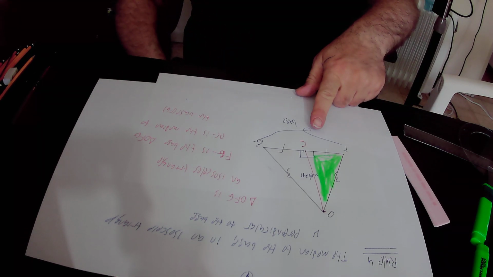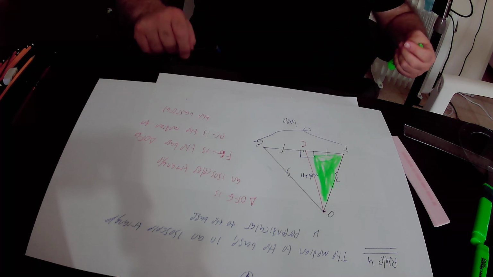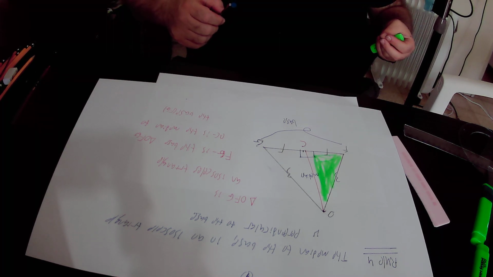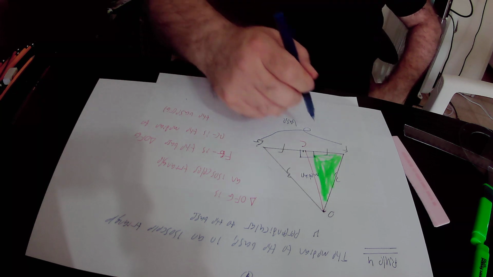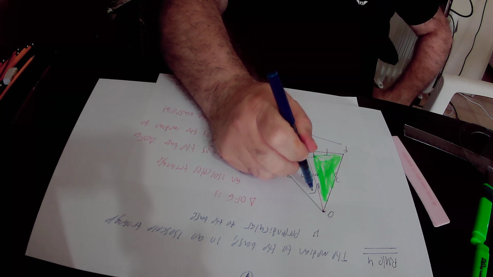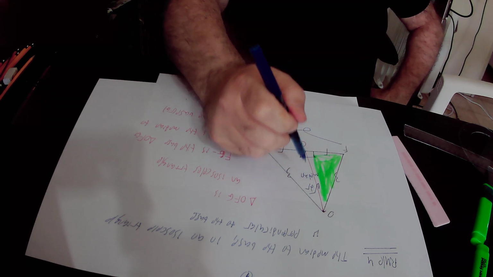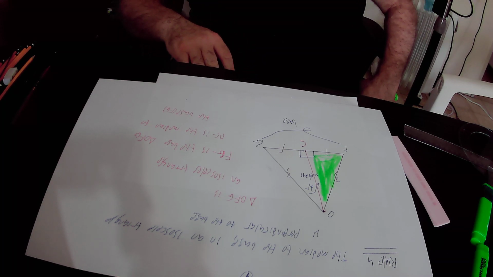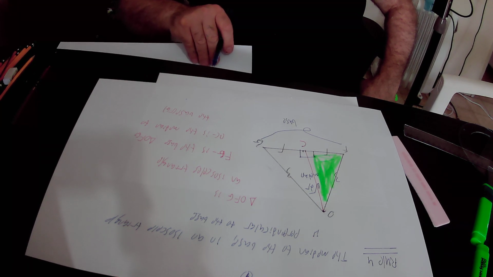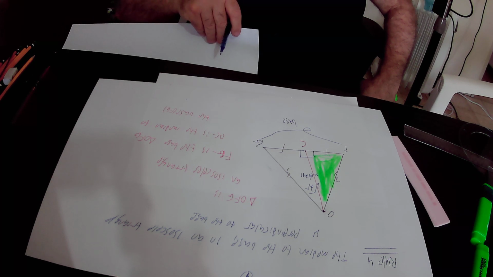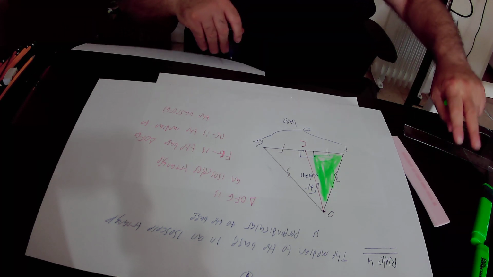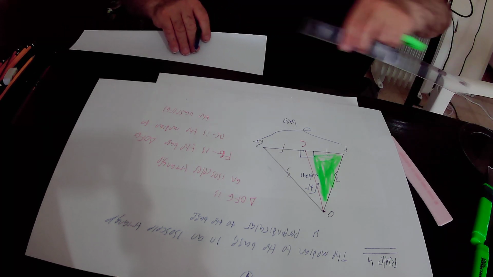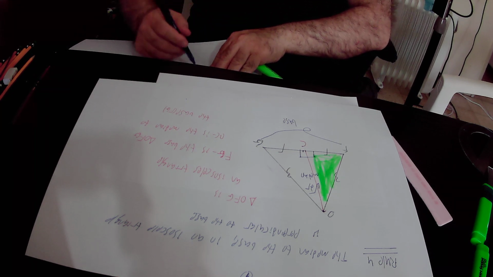We know that FC equals R. OC is the diagonal of the square, which equals square root of 2 R. So, in the right triangle OCF, we get that according to the Pythagoras theorem, the square of the hypotenuse equals the sum of the squares of the perpendiculars. So I copy it here again.